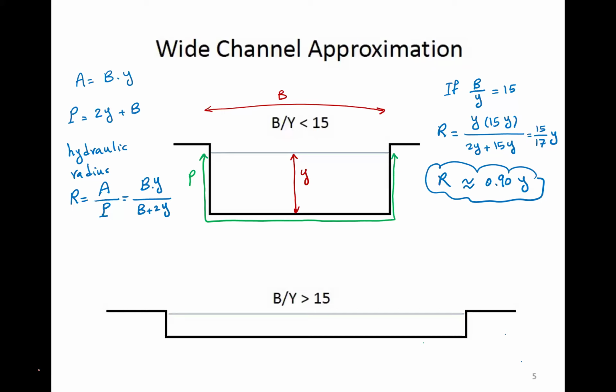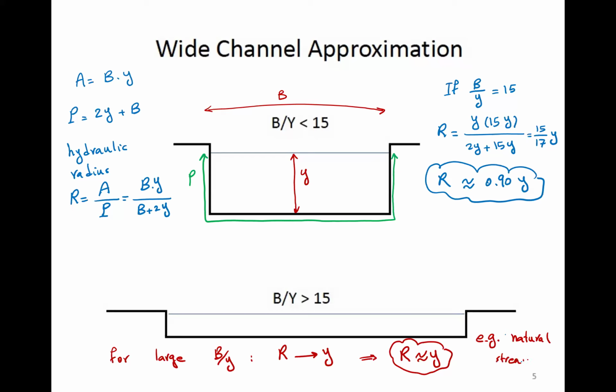And as I said, in reality, for natural streams in particular, this is the case. So I'm going to write it here: for large B over Y, hydraulic radius approaches Y. So we can make this assumption and say R is almost equal to Y. And as I said, this is the case in most natural streams, which is good news because you don't have to deal with a hydraulic radius in an irregular channel, which is a natural stream.